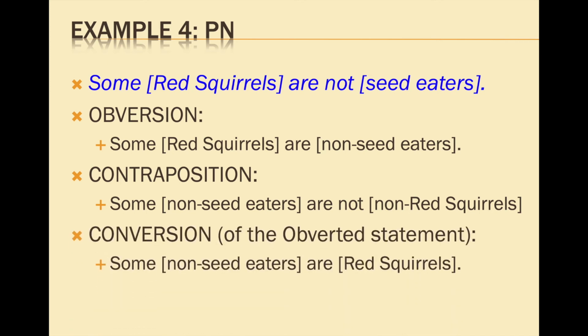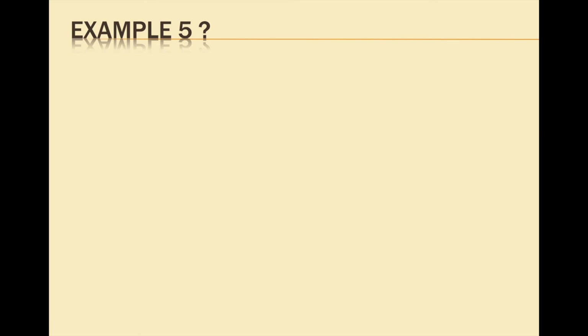And then the conversion of the obverted statement, which has become now a particular affirmative after obversion, some non-seed eaters are red squirrels. And again, you can draw a Venn diagram for any one of these, and it will be identical for the other three. So the original statement and the three logically equivalent statements.